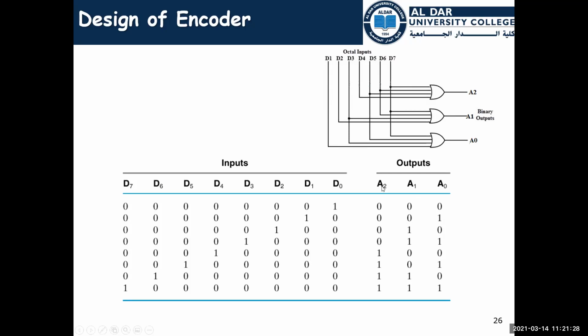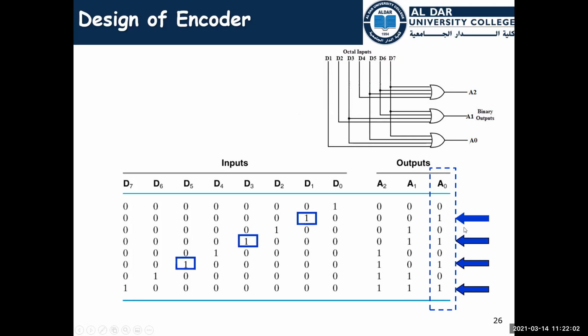Because A2, A1 and A0 are all zeros for D0. There is no one here, but all the other values have one. A0 has one, A2 has one, A1 has one, and so on. But here there is no need for D0. That's why this circuit doesn't have D0. Okay?